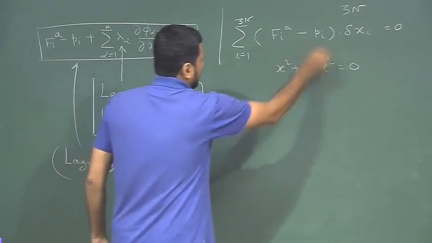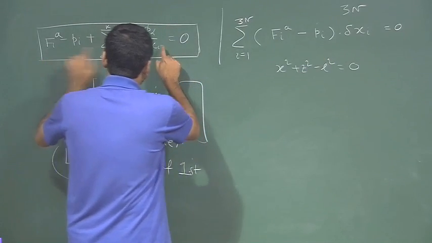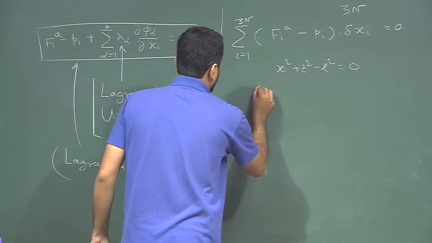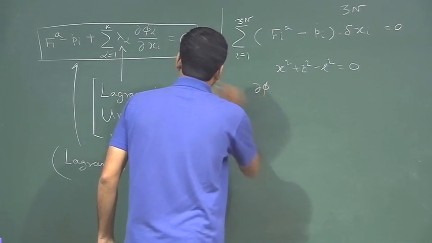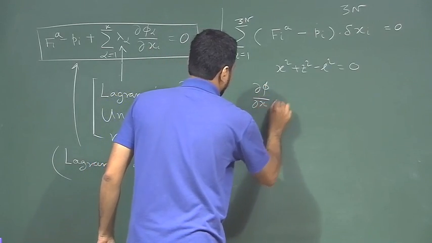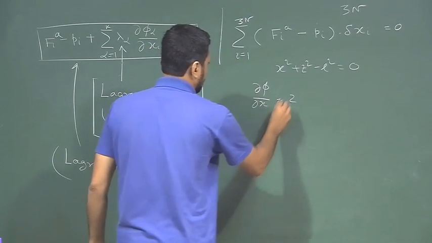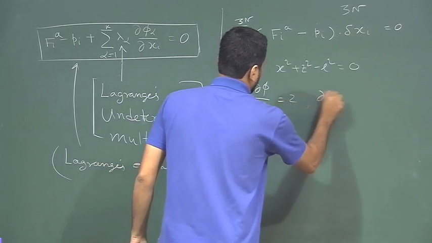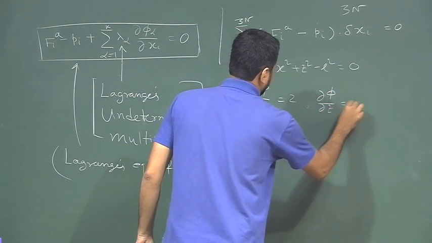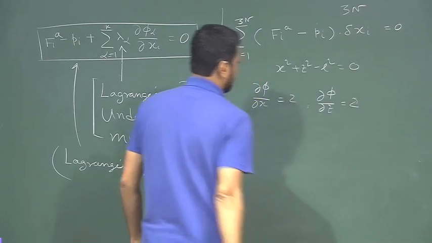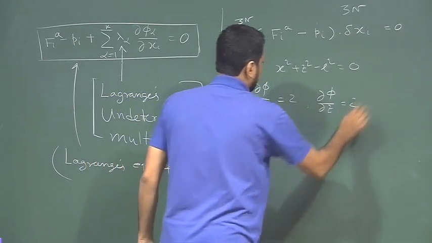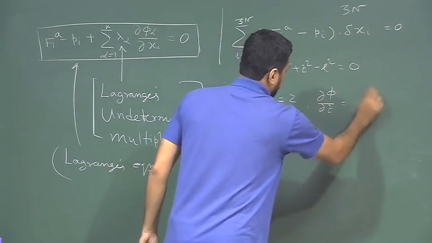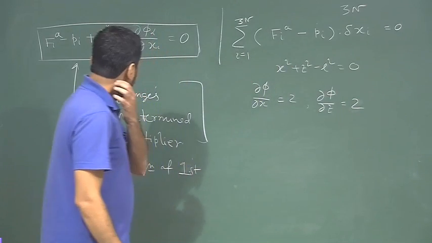Right. Now, if I apply this derivative, del phi del x is equal to 2x, right, and del phi del z is equal to 2z, okay. And of course, there is no explicit time dependence, so we are not bothered about this.